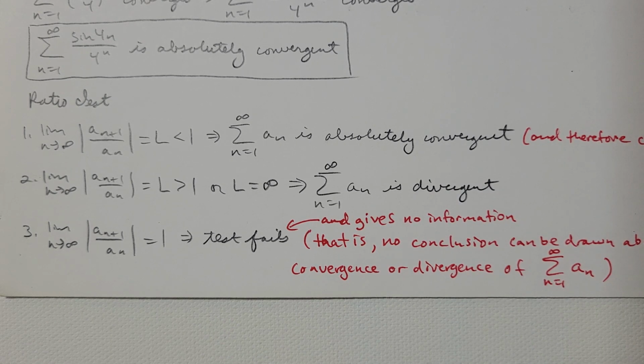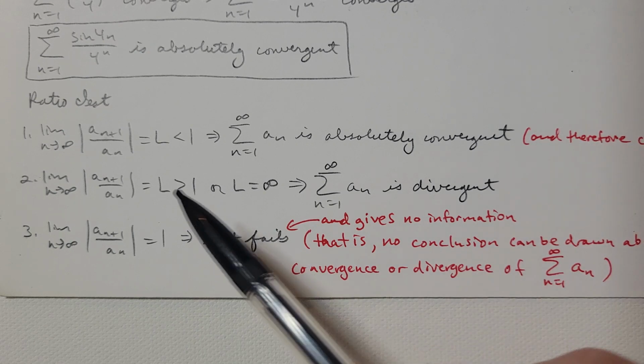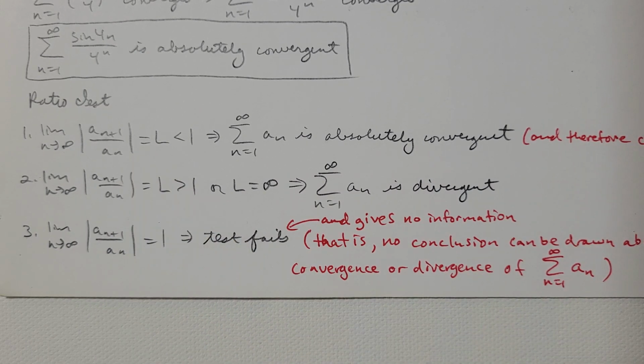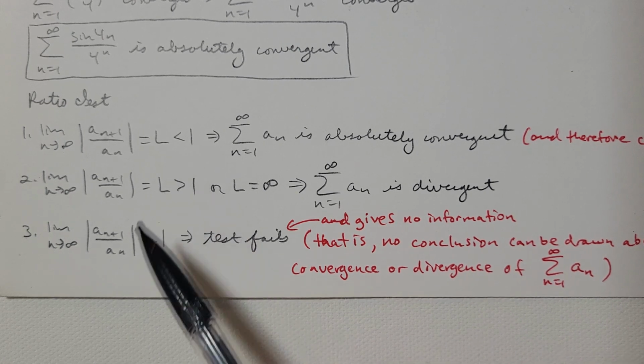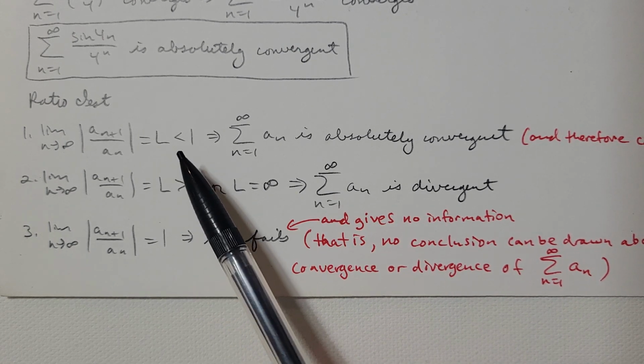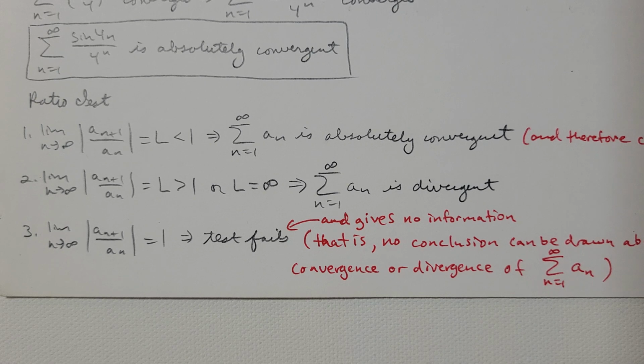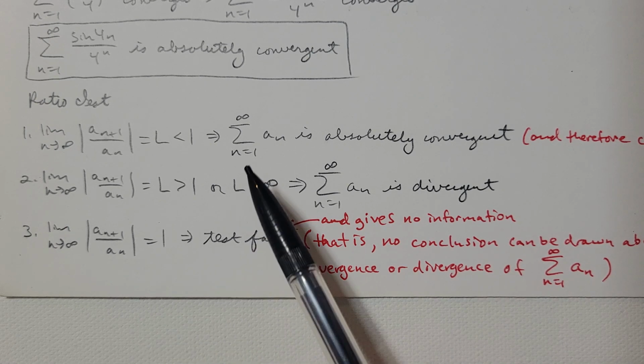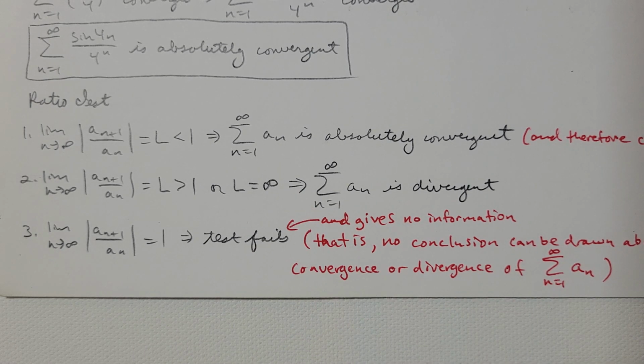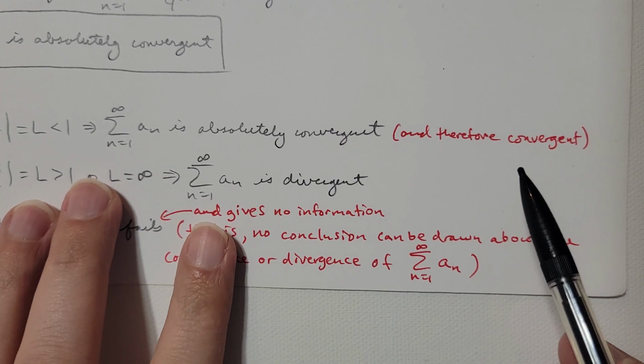If the limit as n approaches infinity of the absolute value of a sub n plus 1 divided by a sub n is equal to L, and L is some number less than 1, then the series given by the sum as n equals 1 to infinity of a sub n is absolutely convergent, and therefore it converges regularly.